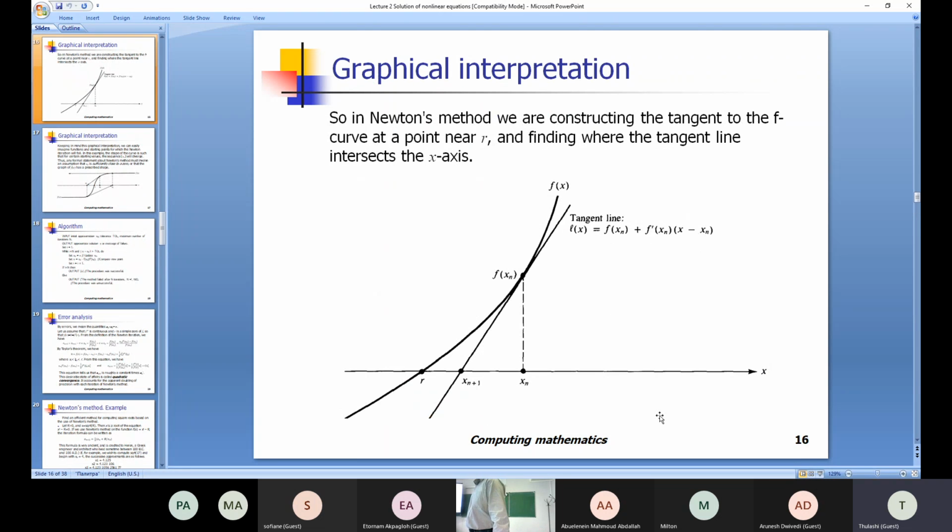Well, and the geometric interpretation of the method is presented here. We discussed about it on previous lesson in details. If we know the value of the function at some point xn, and if we know the derivative of the function, then the value of the derivative at this point is the slope of the tangent line.